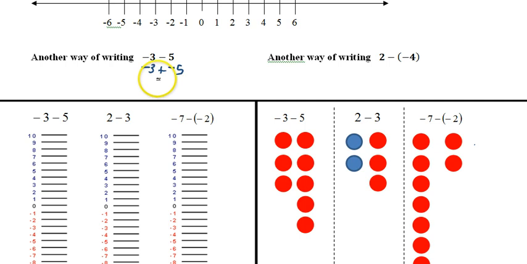So from adding integers, we already know that if you have a minus 3 and a minus 5, that's a minus 8. And then if you see minus a negative, you want to change it to plus. So if you subtract a positive, change it to plus minus. If you subtract a negative, change it to plus. And here's the reason why.